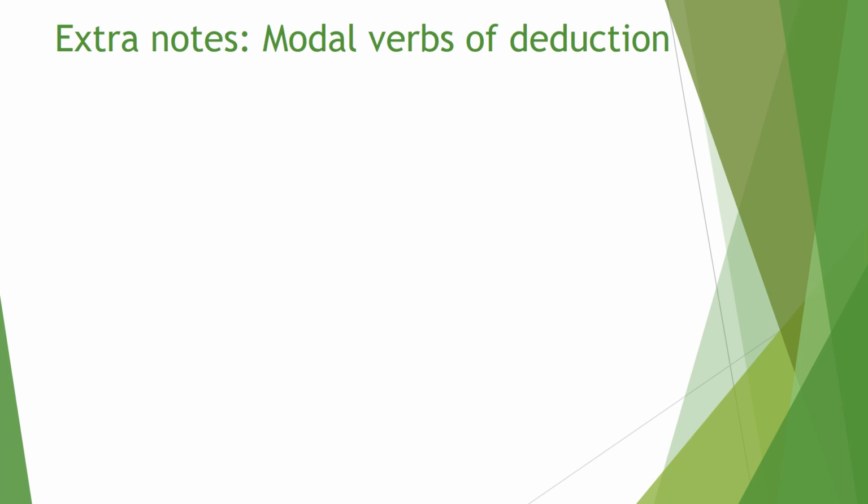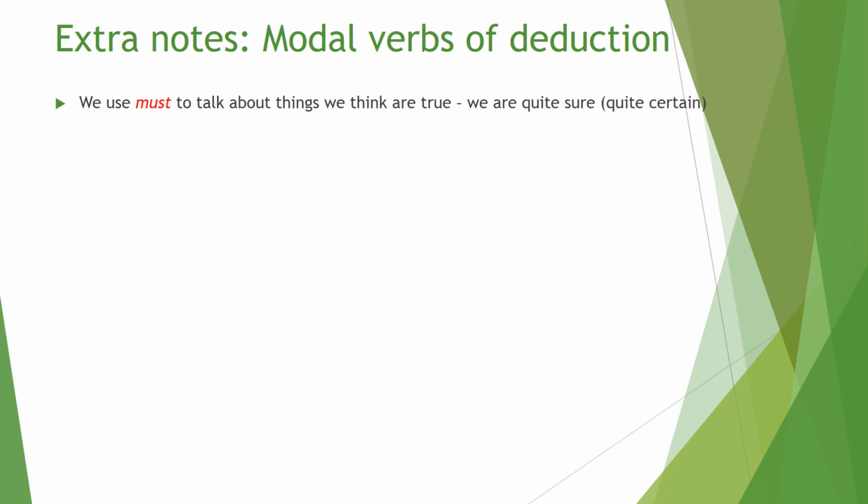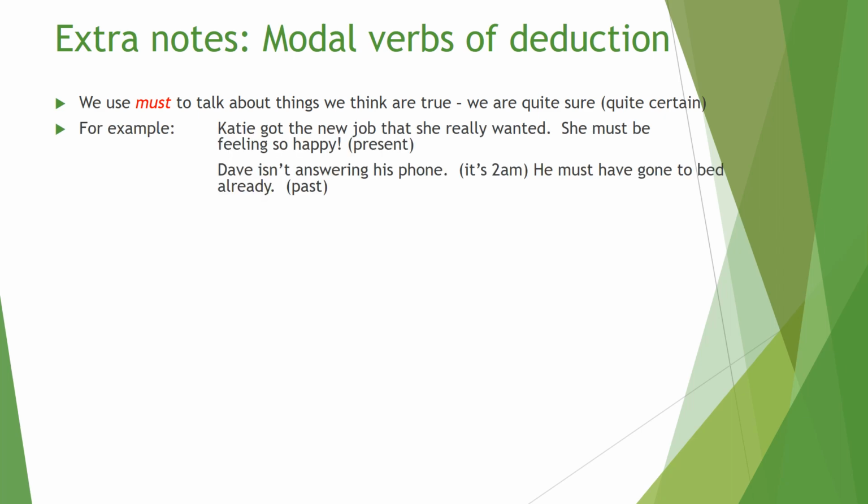Extra notes then, modal verbs of deduction. We use must to talk about things we think are true. We are quite sure, quite certain. Okay, so for example, Katie got the new job that she really wanted. She must be feeling so happy. Of course, she just got the job that she wanted.